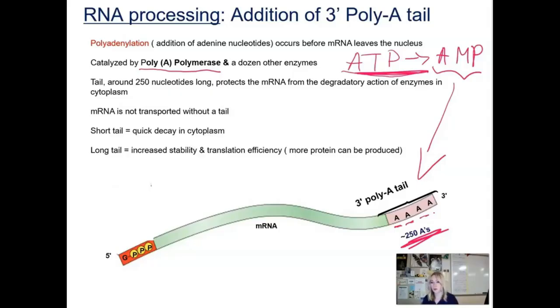And then also, if the mRNA does not have this tail, it's not going to be transported out of the nucleus. And then obviously if you have a very short tail, quick decay is going to happen and you could potentially lose the code, and then of course the protein is not going to be produced.